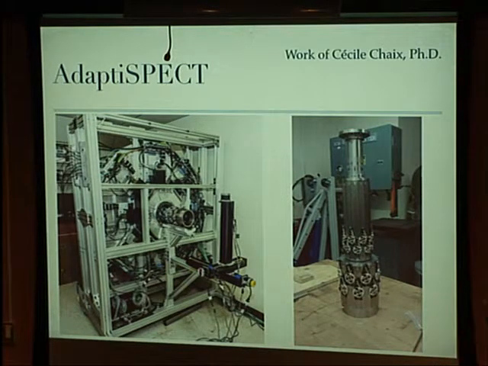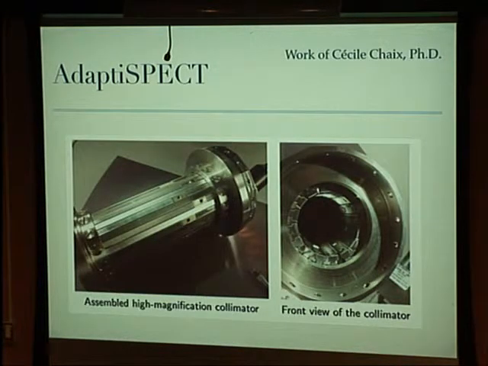Let me show you some of the design that had to go into this. Again, this is all Cecile's work. She's Lars Furenlid's student. This is that high mag aperture. I believe it's tungsten panels here that were configured in a barrel configuration, done in such a way that there's no light leakage.